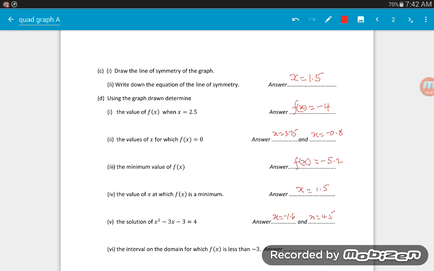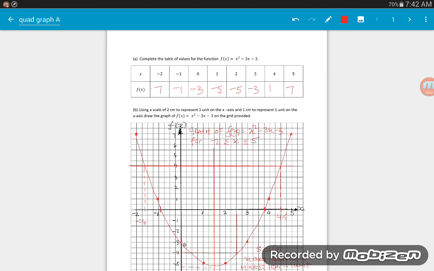And the interval on the domain for which f of x is less than minus 3. So here is x for which f of x is less than minus 3. We see that in between these two values, x equals 0 and x equals 3, the graph is below this line, f of x equal to minus 3.